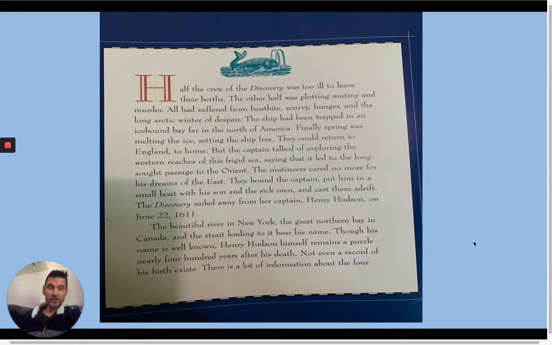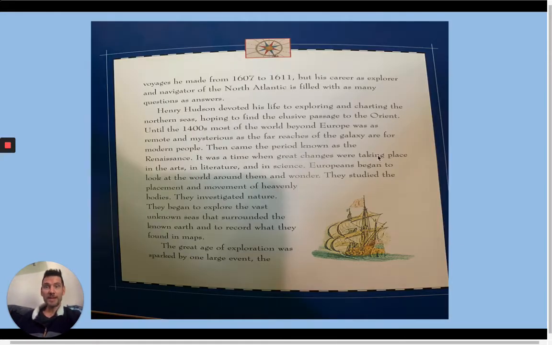There's a lot of information about the 4 voyages he made from 1607 to 1611, but his career as explorer and navigator of the North Atlantic is filled with as many questions as answers. Henry Hudson devoted his life to exploring and charting the northern seas, hoping to find the elusive passage to the Orient. Until the 1400s, most of the world beyond Europe was remote and mysterious, as the far reaches of the galaxy are for modern people.